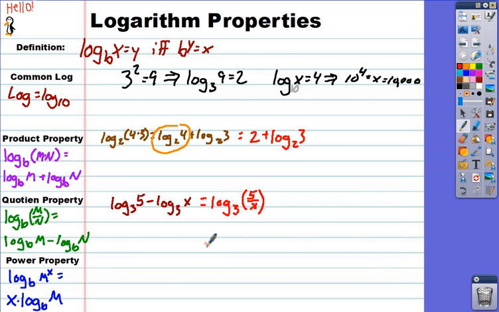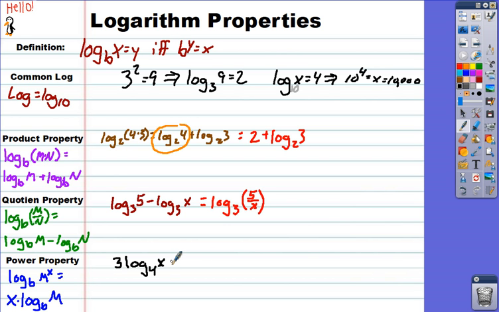Finally, let's try a power property problem. Let's say we've got 3 log base 4 of x. How could we rewrite that?